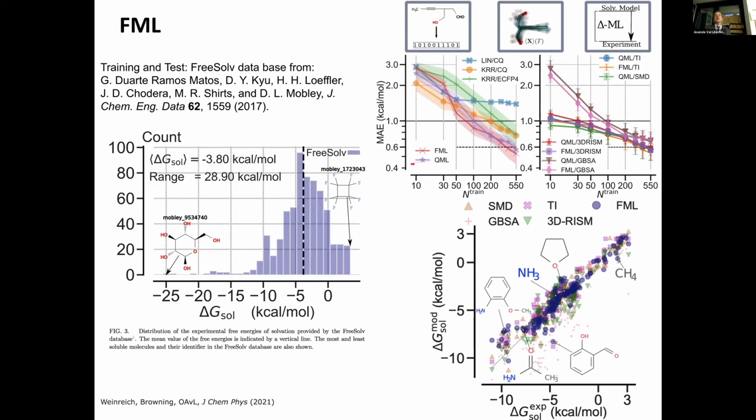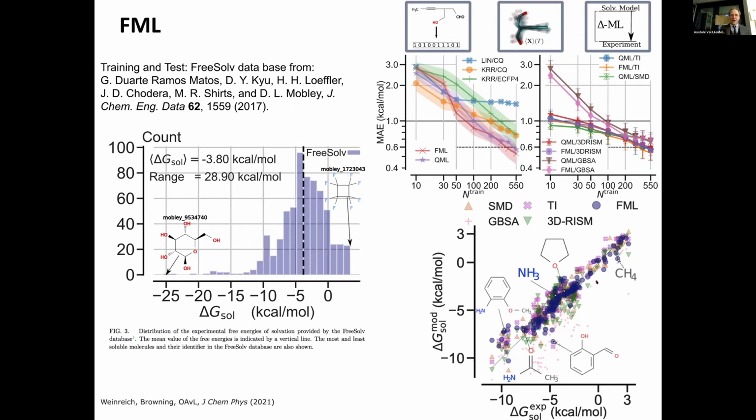Also shown here are many other state-of-the-art methods. They all perform worse, so this FML is really the most appealing. Also on the scatter plot, we show out-of-sample prediction molecules. We show a scatter plot of FML here, as well as other solvation models in the field, and it's hardly distinguishable.